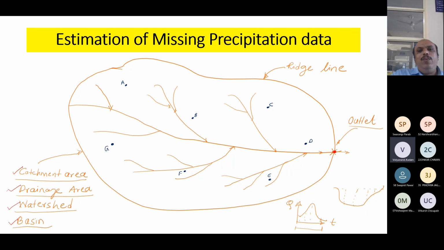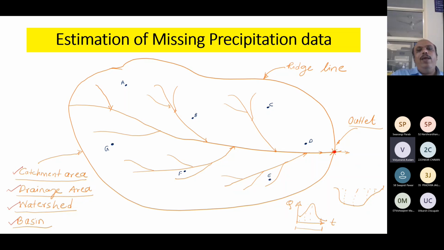And if in this rain gauge network some data is missing, as I have explained, for non-recording type rain gauges, what is essential? A manual attendant is essential. That attendant every day at a fixed time collects the rainwater and measures it in a measurement cylinder, and then comes to know the rainfall for the last 24 hours.